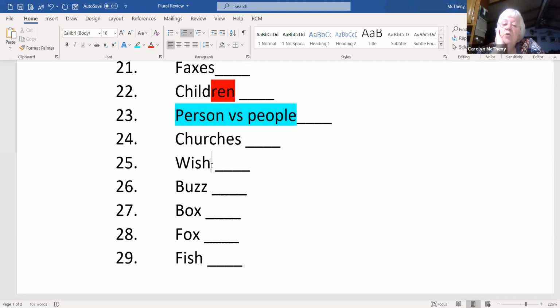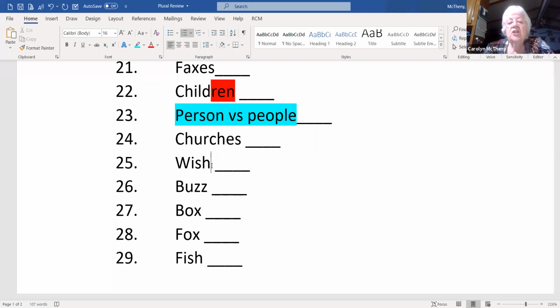Okay, Marty, the next word is wish. Wish. I wish I had a banana. That ends in SH. So how will we make it plural? It's just like churches.